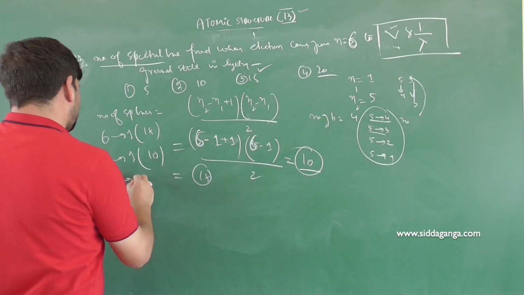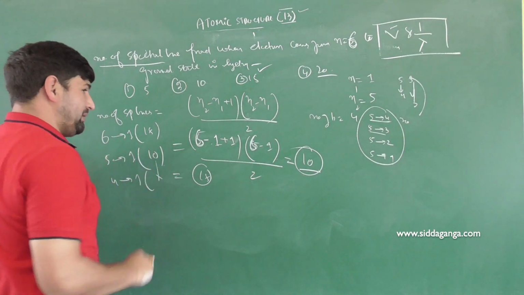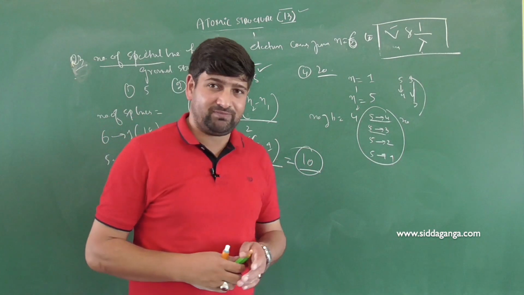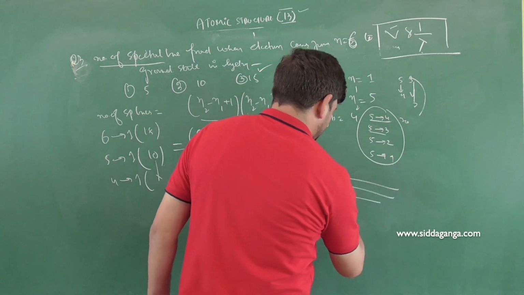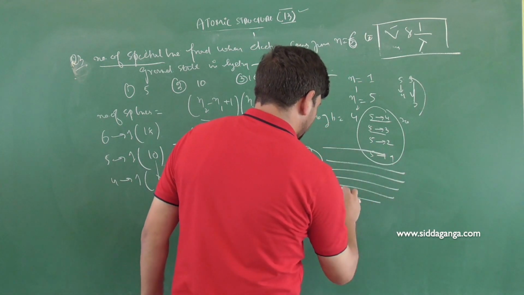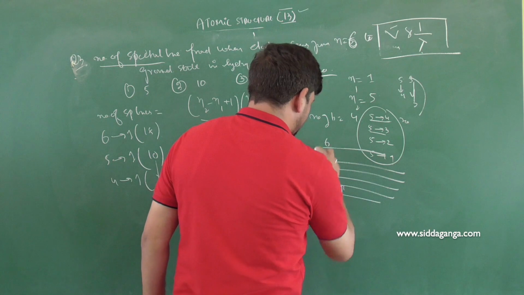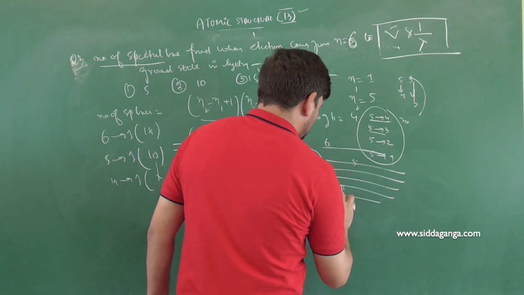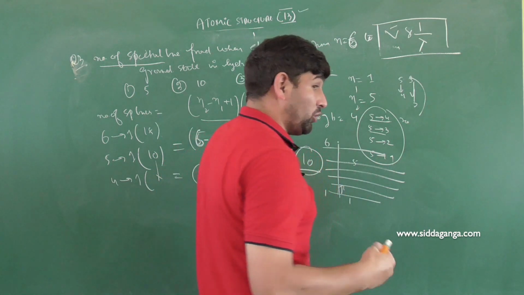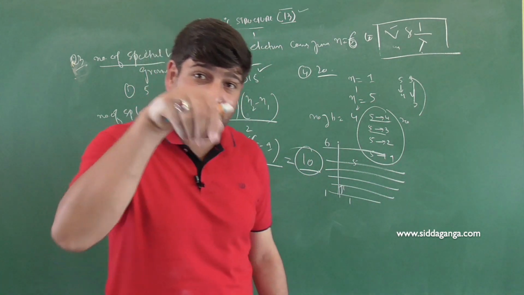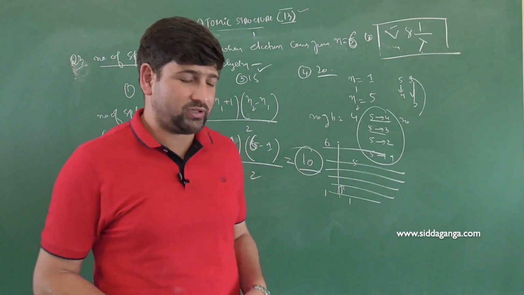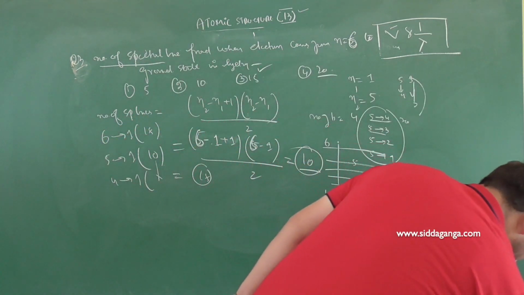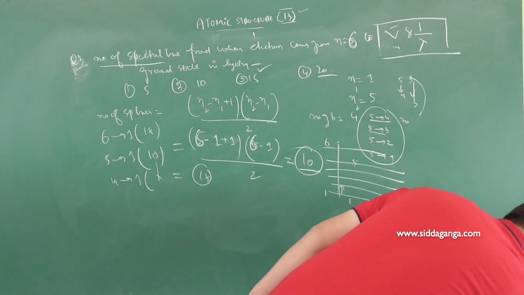If it is from 4 to 1, spectral lines are further less. So remember, when the difference between energy levels is more, suppose 1 to 6 or 1 to 5, the more the difference of energy levels, the more each band is composed of. It means the number of spectral lines in each band will be more. Did you get it clear or not? Very good, children. Let us see the next question.